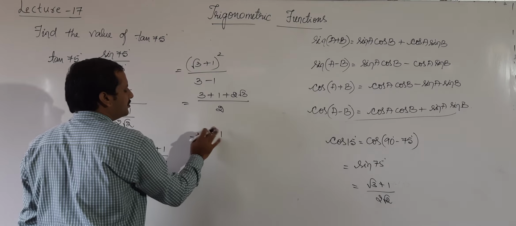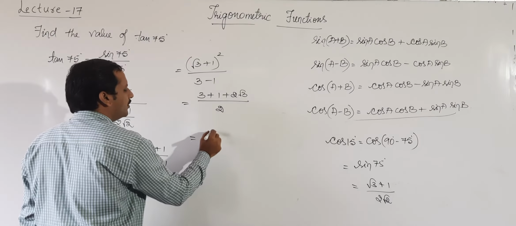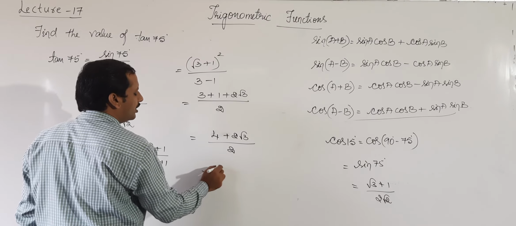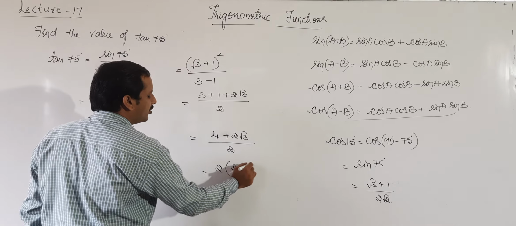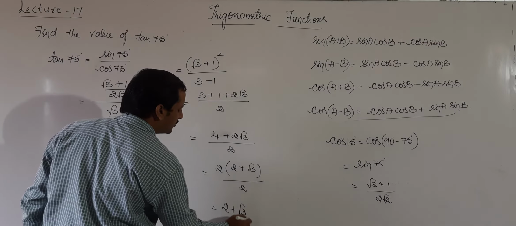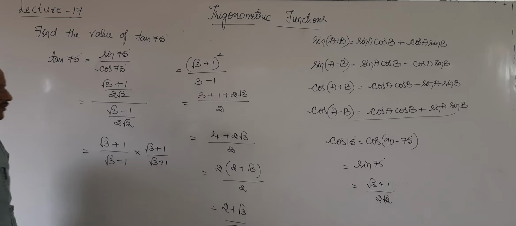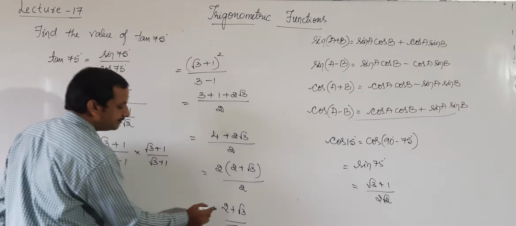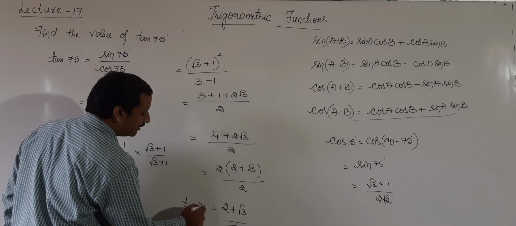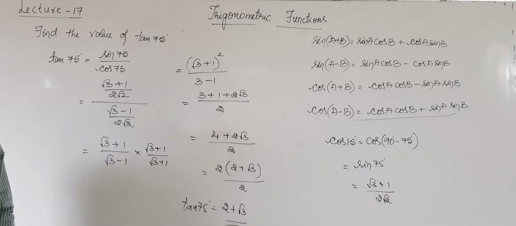So 4 plus 2 root 3 divided by 2. Take 2 as a common factor, you will get 2 plus root 3 divided by 2, 2 gets cancelled. So the answer is 2 plus root 3. This is the value of tan 75 degree, 2 plus root 3. Okay, tan 75 degree is equal to 2 plus root 3.